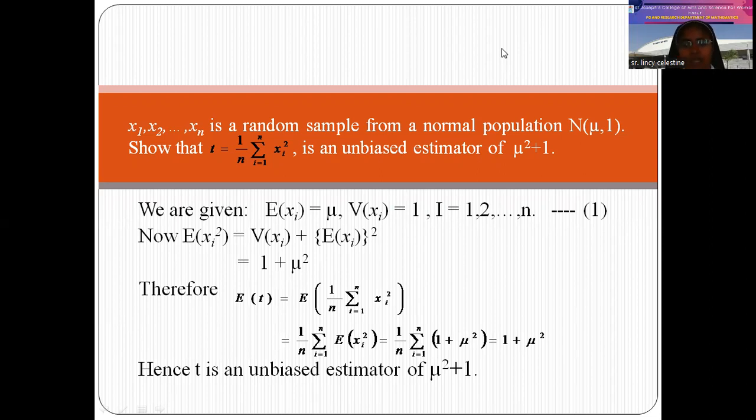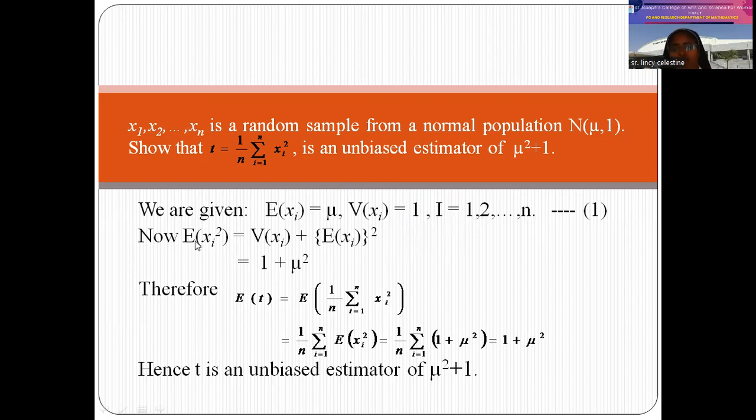That means the expectation of T should be equal to mu squared plus 1. For that, we are given that xi follows N of mu comma 1, where mu is the expectation value and 1 is the variance value. So expectation of xi equal to mu and variance of xi equal to 1, where i is equal to 1 to n.